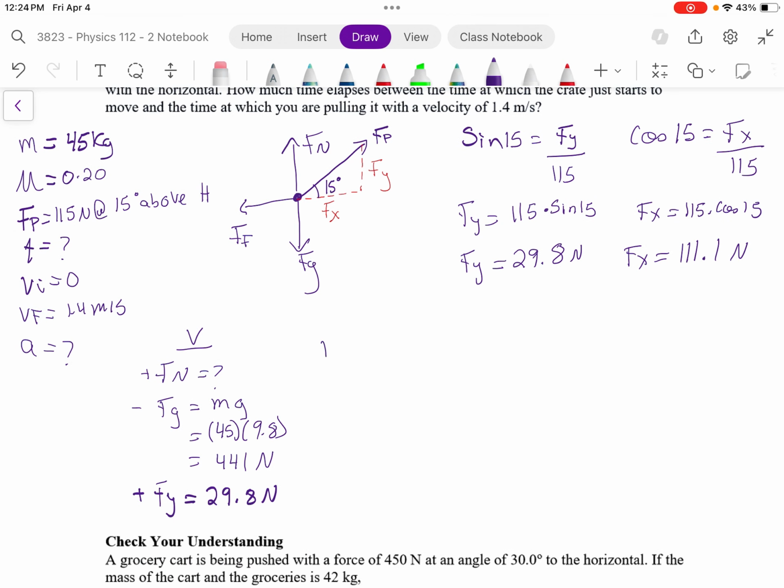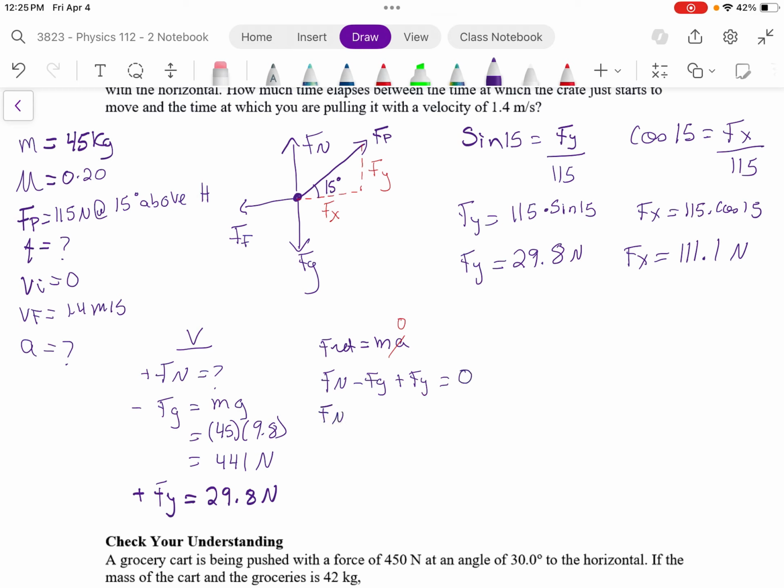Now we're going to do our Fnet equals ma. Vertically, our crate is not moving, so we say the acceleration is 0. Fnet is made up of these three forces, so we have the normal force minus the gravitational force plus Fy equals 0.